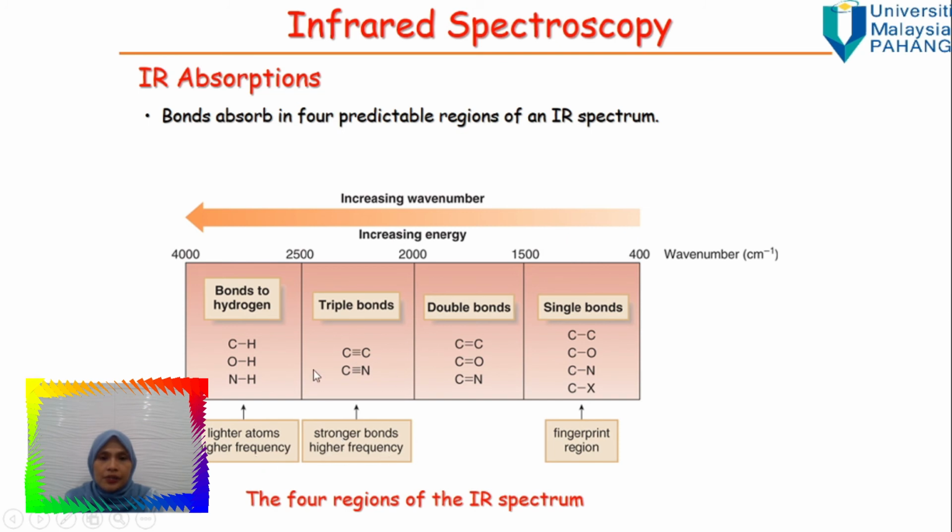We can see this region: C single bond, C double bond, C triple bond. We keep increasing based on the bond strength, and this one comes in because they are lighter atoms.